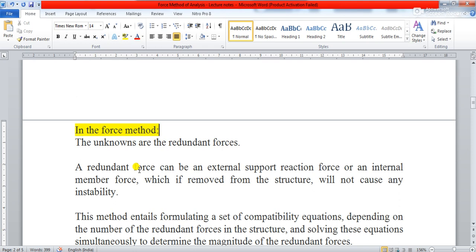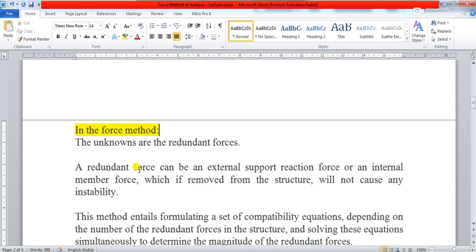From that, you equate those two deflections, because at the point where the prop is there should not be any deflection of the beam. So under the external load without the prop, and under the reaction force at the prop without any load acting on the structure, the sum of the two deflections must be equal to 0.